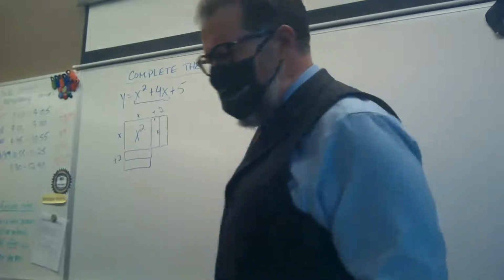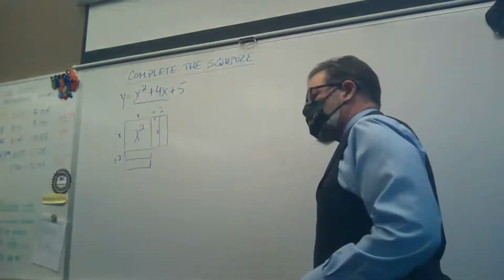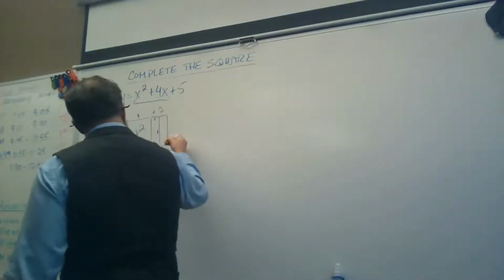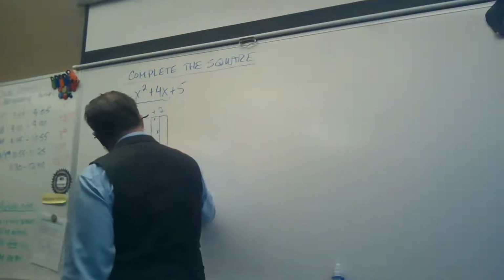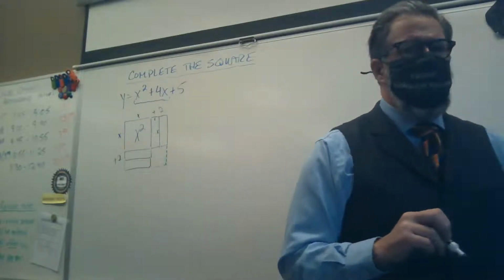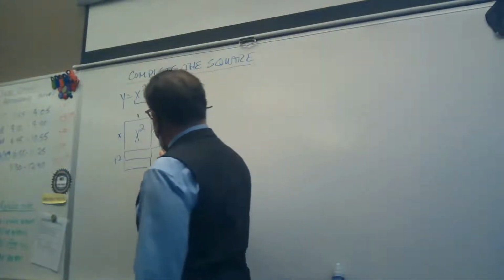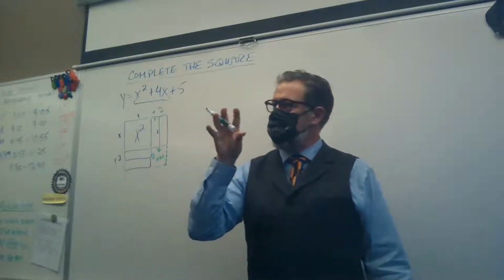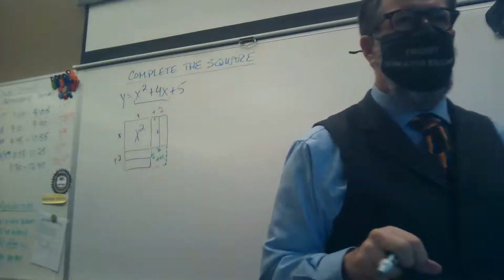Now, I do not have a square. I have to complete it. Because right now there's a big hole in the bottom of my square, in the bottom corner. And I know that that square is 2 by 2, which means that I need to put 4 unit tiles into that hole to fill it up.